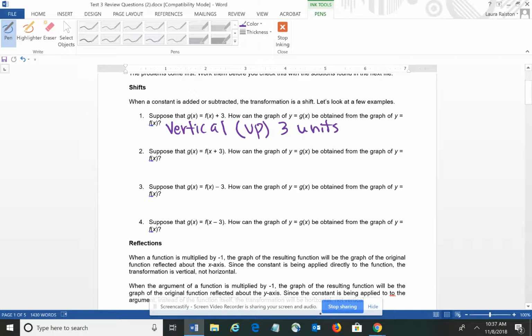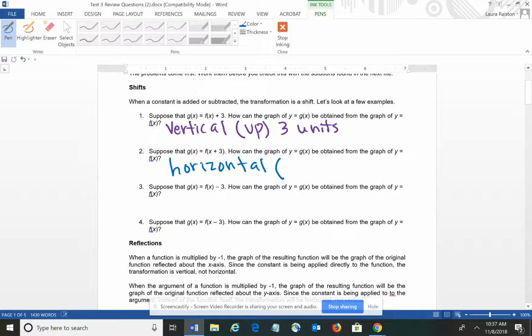Up would be positive, down would be negative. But the second question says, what do you get if you do f of x plus 3, and the plus 3 is inside the parentheses with the x. So it's with the x, and that tells me it's going to be a horizontal shift, and it's actually opposite of what you think.